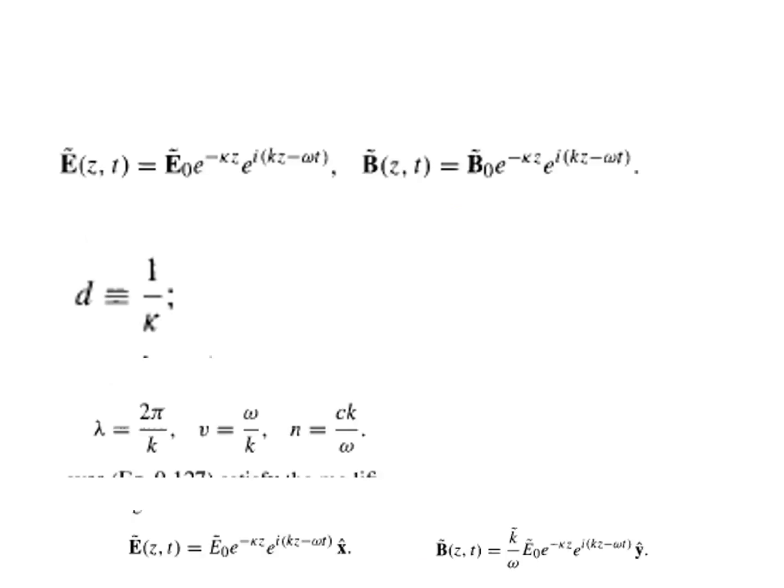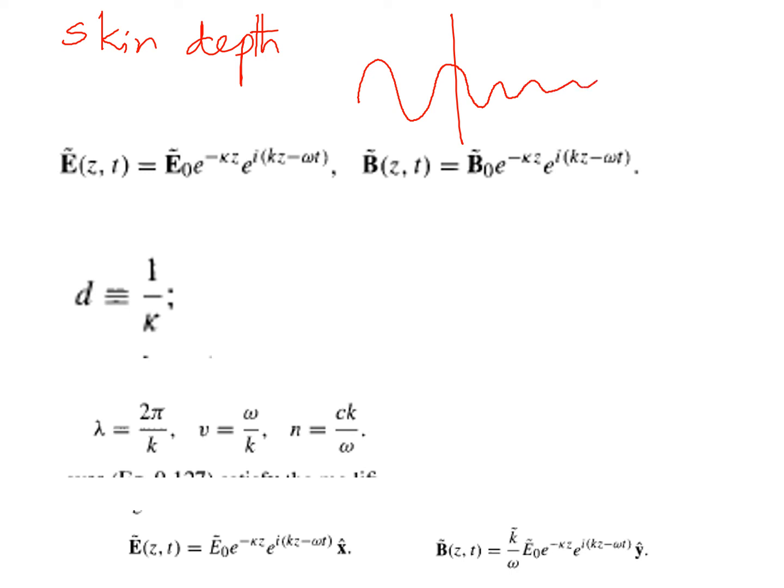So here we can define a term called skin depth. In the previous slide I explained that till it reaches the conductor, its amplitude is constant. But when it enters the conducting medium, the amplitude decreases.